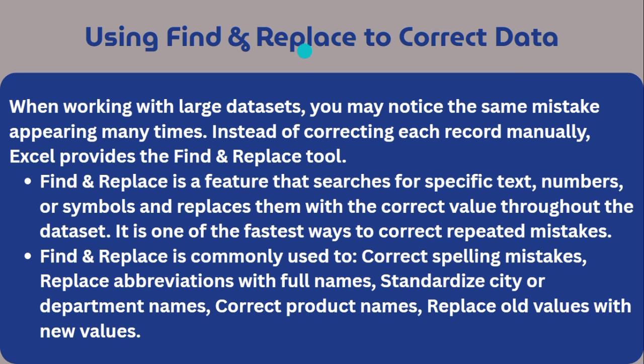It is one of the fastest ways to correct repeated mistakes. It is commonly used to correct spelling mistakes, replace abbreviations with full names, standardize city or department names, correct product names, and replace old values with new values.